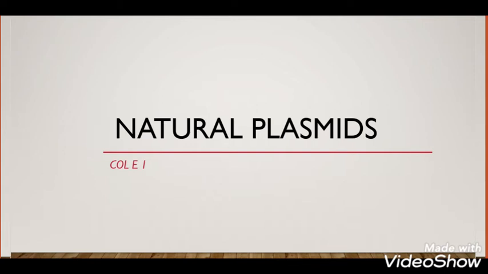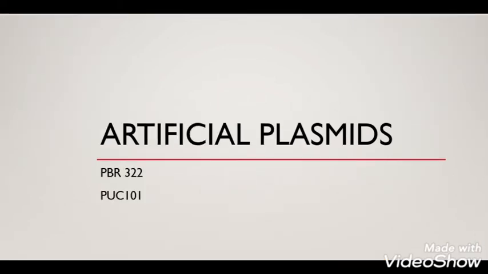Again, natural plasmids, for example ColE1, are already naturally present, and we call them natural plasmids. The artificial plasmids are mainly of two types: pBR322 and pUC101.